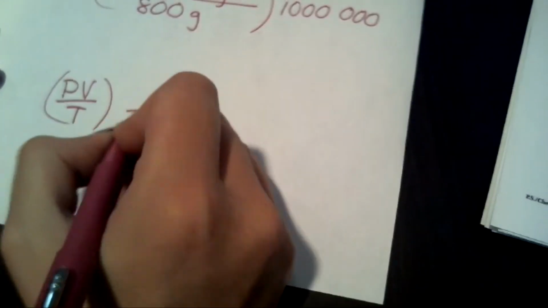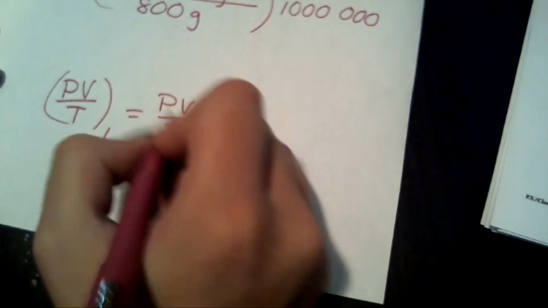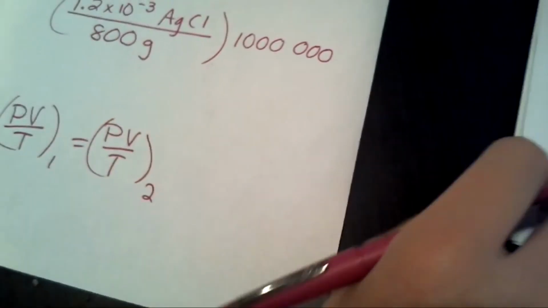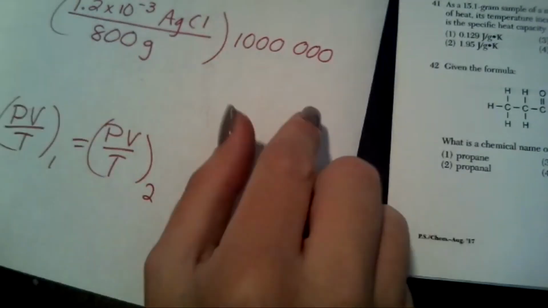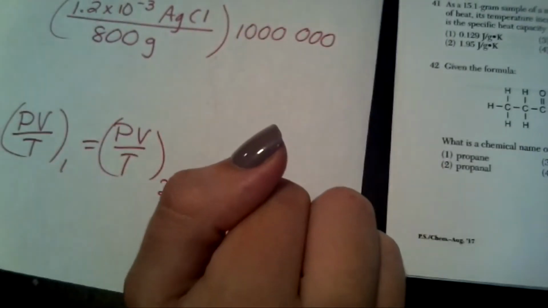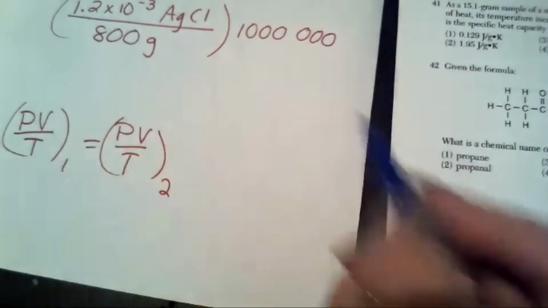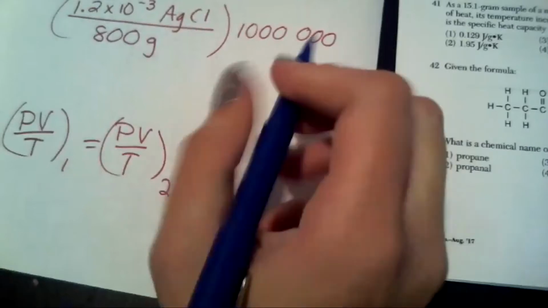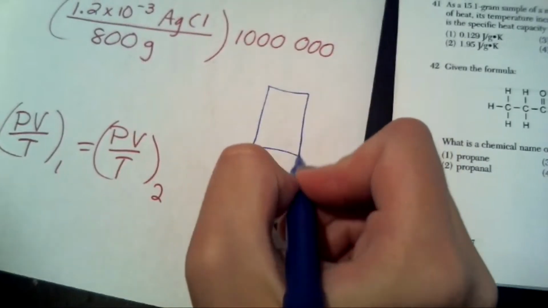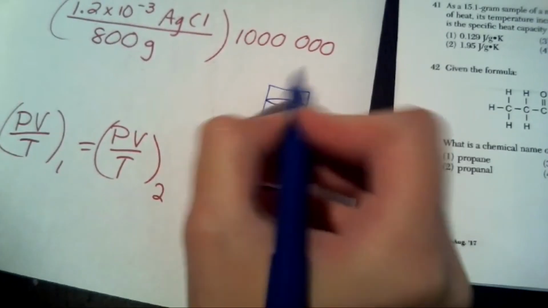So PV over T1 equals PV over T2. That works for me. Then we are saying we have a sample of gas in a rigid cylinder with a movable piston. That means it's like a thermos, like a coffee cup made of metal, but there is a plunger in it that can go up and down.